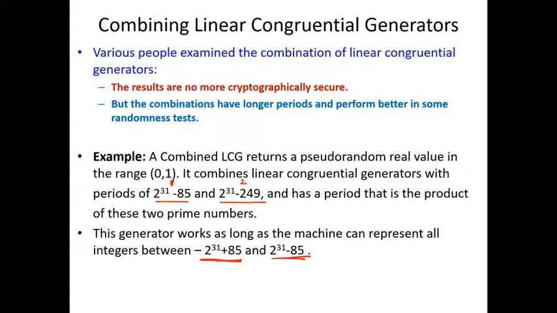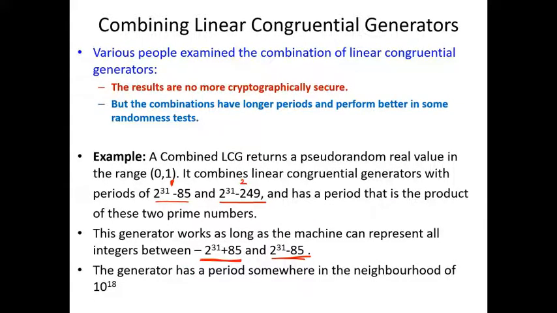So it will give you a much longer period, almost double the period given by the individual generator. This individual generator gave only plus 2 power 31 minus 85. But this ranges from minus 2 power 31 plus 85 to plus 2 power 31 minus 85, which is quite huge, almost double that value. All these numbers may not be easy to remember and you are not expected to remember everything.